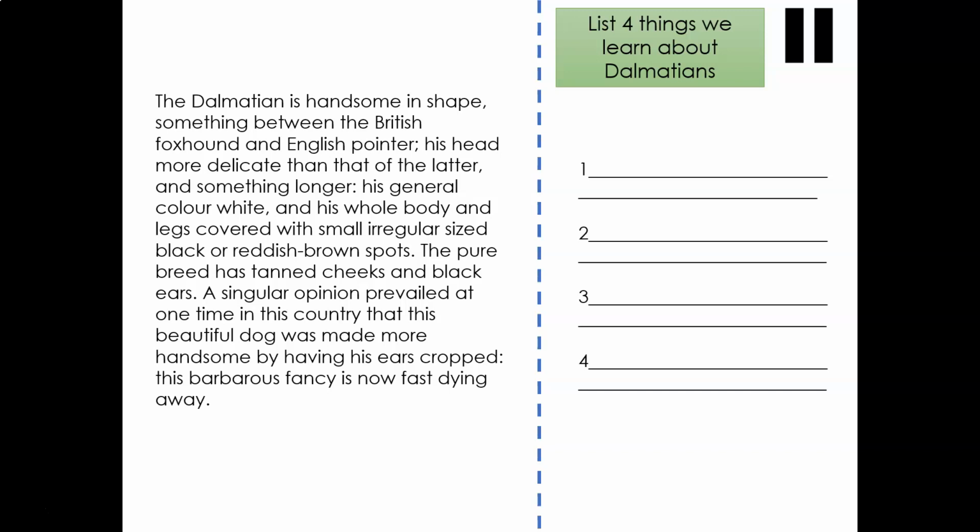You might have focused on the colour of those spots, the fact that they are small and irregular spots on their bodies. You might have mentioned that Dalmatians sometimes have tanned cheeks and black ears, or that Dalmatians used to have their ears cropped, or people used to believe that Dalmatians looked more beautiful when they had cropped ears. So all of those things could easily be backed up and proven by the text. We didn't really need to change the wording too much in order to get those right.